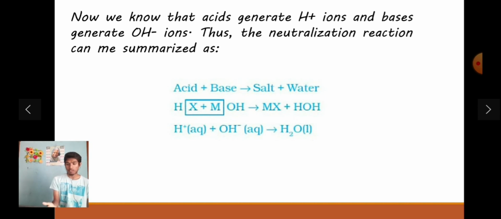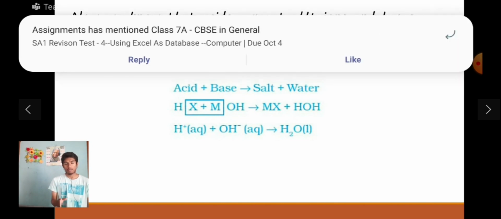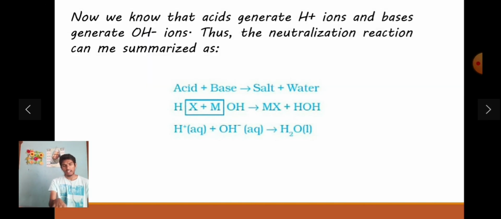HX plus MOH gives rise to MX plus HOH, which is H2O. Here in HX, X is a halide, which means elements from the 7th group, halogens: fluorine, chlorine, bromine, and iodine. And M is your metal, any metal: sodium, magnesium, aluminum, anything.